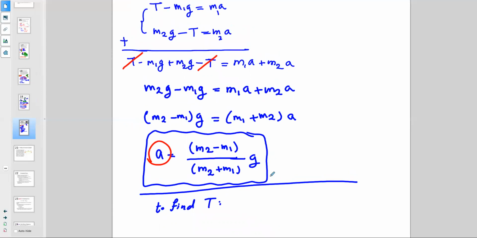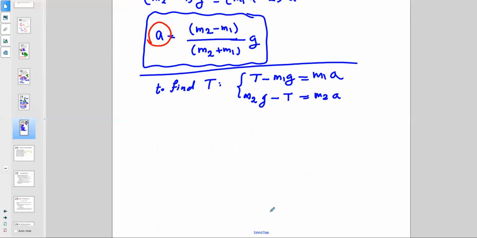Let me scroll up a little bit so I can see them better. So I have T minus M1G equals M1A, and I have M2G minus T equals M2A. So that's what I have. I'm just going to write them down one more time.